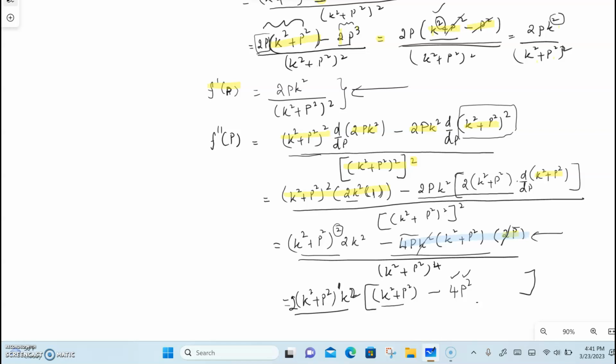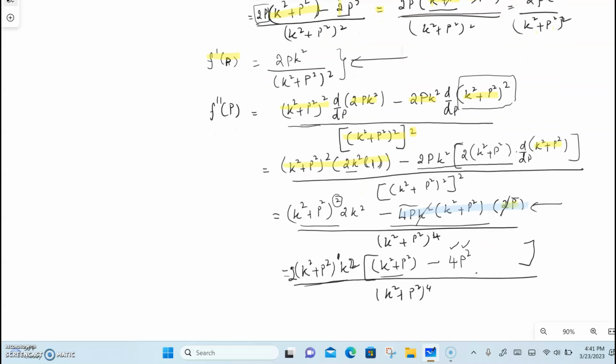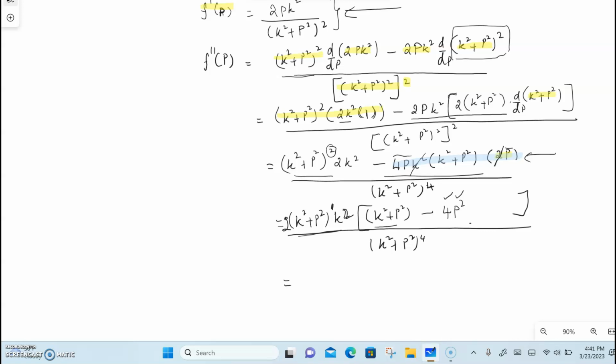So now let's see what we have in the denominator. We have k squared plus p squared whole to the fourth power. And this is equal to 2k squared times k squared plus p squared, and then we have k squared plus p squared minus 4p squared, which is k squared minus 3p squared, divided by k squared plus p squared whole to the fourth power.